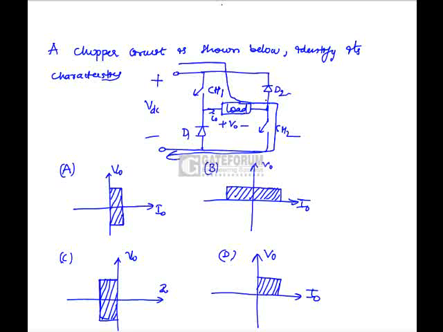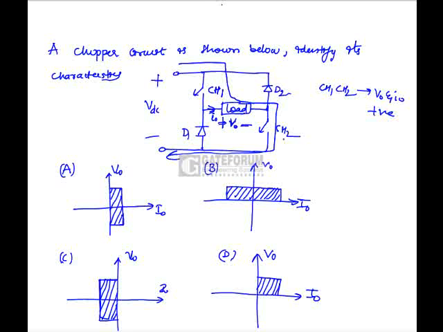This is current I0 which will flow in this direction from the supply. The voltage drop across the load is taken as V0.